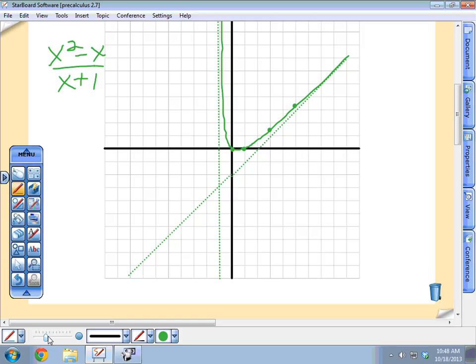So 1, 2, 3, 4, 5, 6, right about there. And is that enough to know what's going on, or do you want to pull out another one, Kelly? Well, it's going to look exactly the same as the top one, just the opposite.